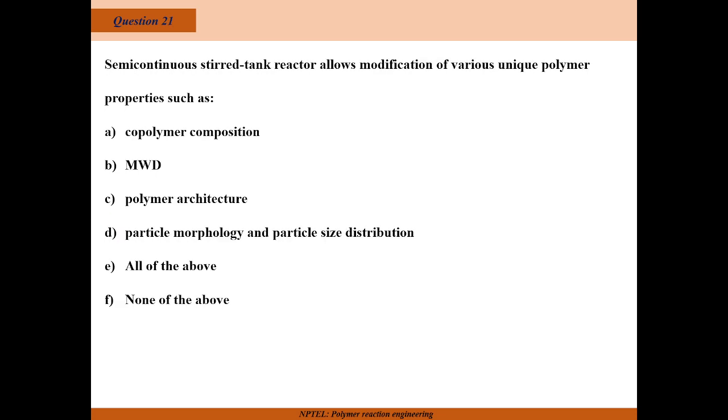So a semi-continuous semi-batch reactor allows modification of various unique polymer properties such as copolymer composition, molecular weight distribution, polymer architecture, particle morphology, and particle size distribution. All of the above, none of the above?